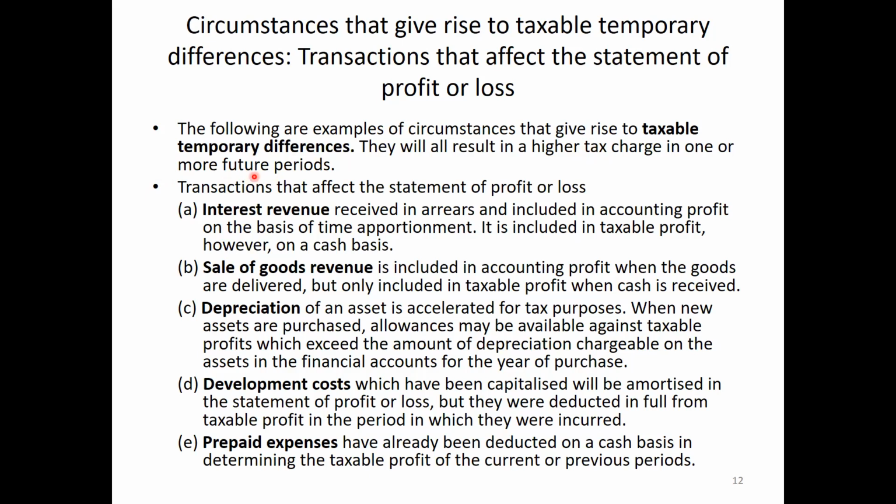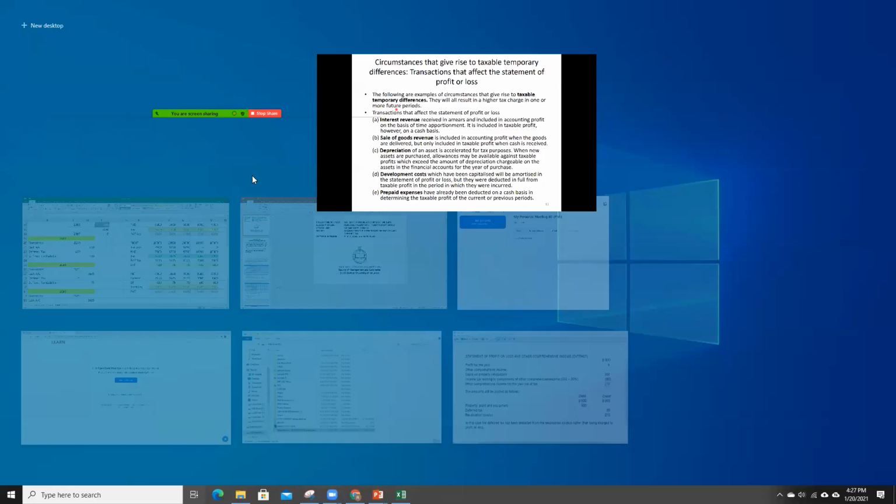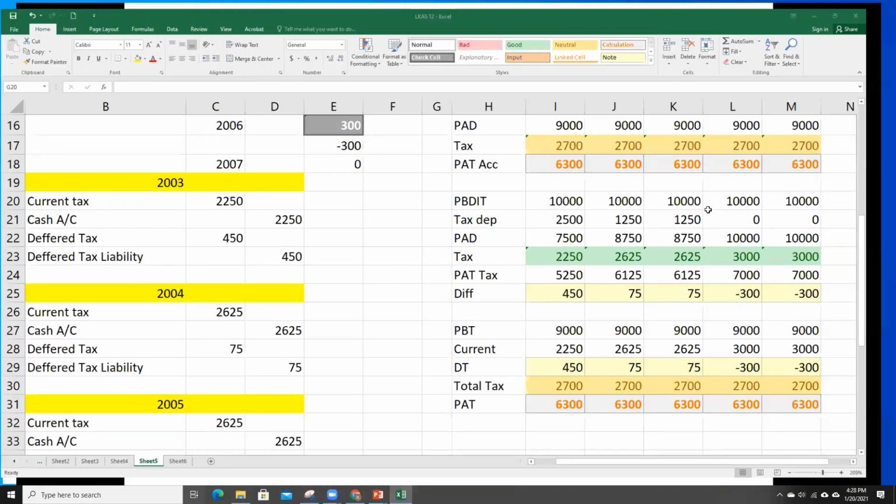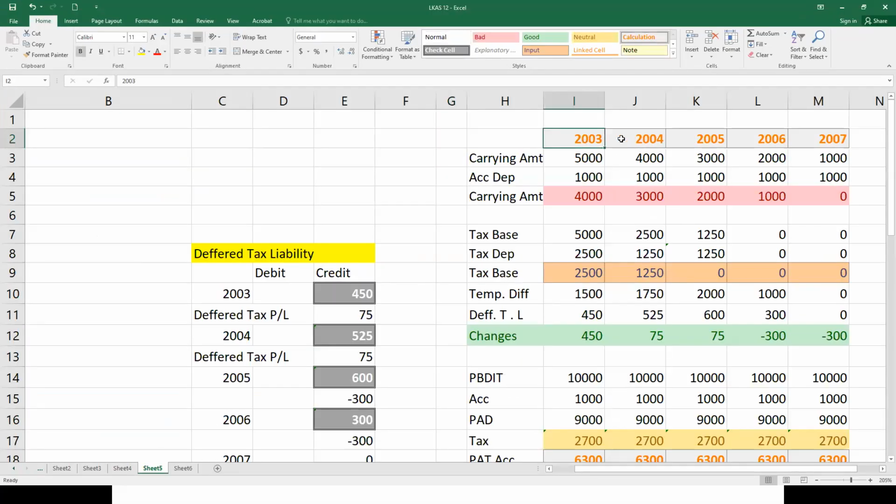In the previous example, from 2003 to 2005, we made provisions for deferred tax liability, a positive figure. But in 2006 and 2007 there is a negative value. It means we set off the deferred tax liability.